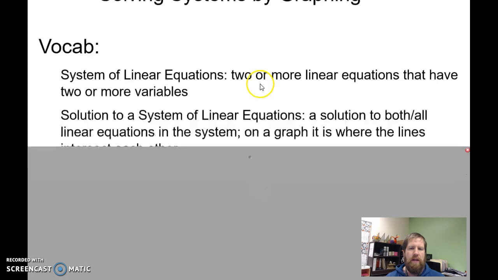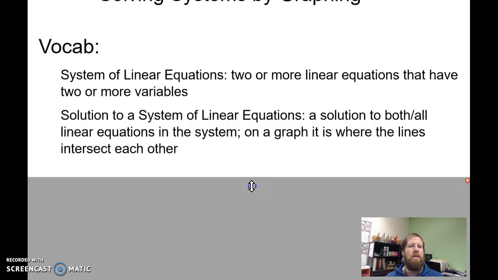Alright, so last year we looked at systems of linear equations, but we didn't go too deep into them. A system of linear equations is just two or more linear equations, and those linear equations do need to have two or more variables.